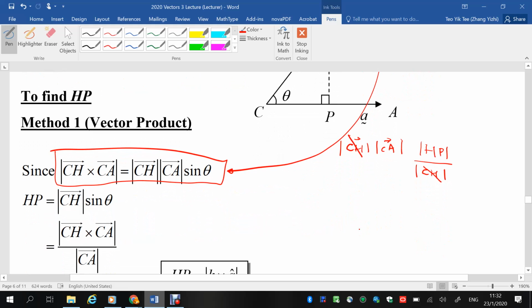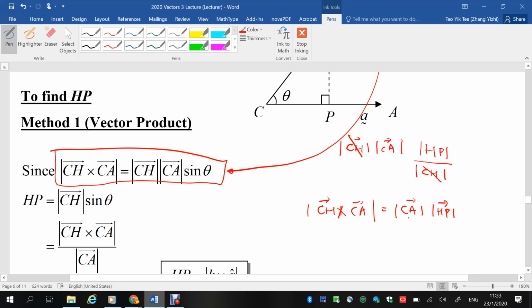So what you are left with is this thing. CH cross with CA will be left with CA, HP. Correct? After we cancel off. I'm interested in the length of HP.